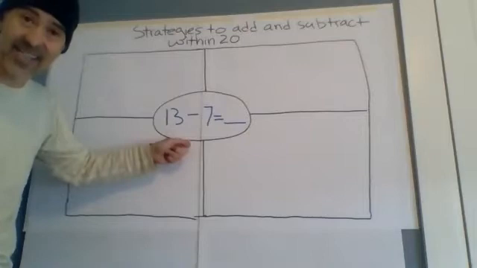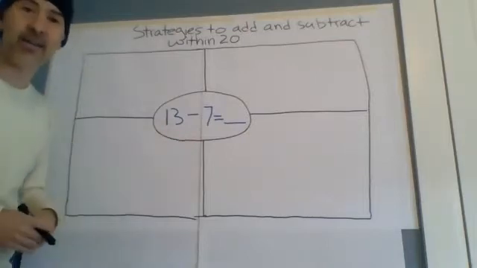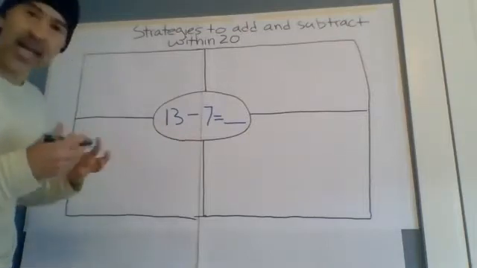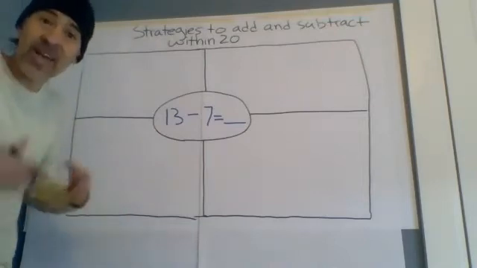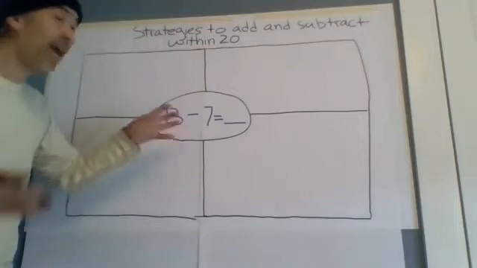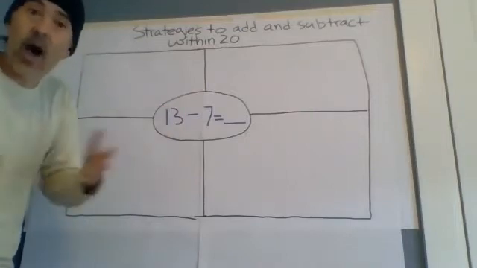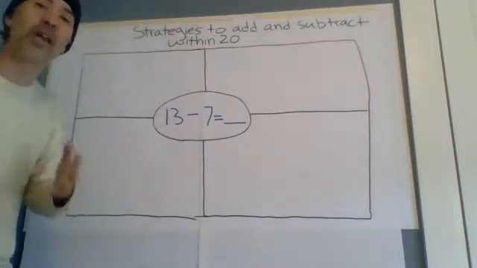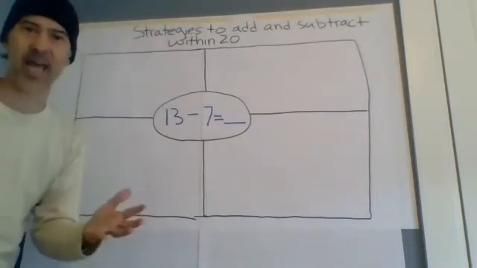The reason is, what if I get stuck? I look at 13 minus 7, I don't know what to do. If I can build different strategies, then when I do get stuck, I know there's more than one way to solve it. Like, how awesome is that?